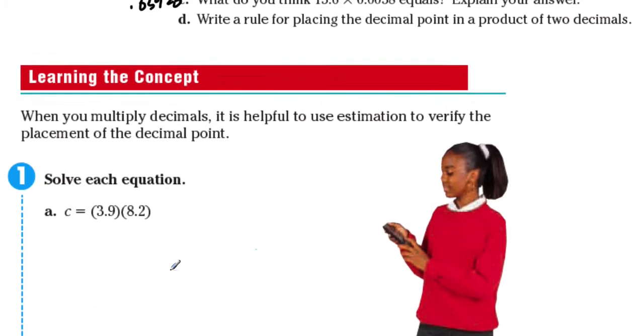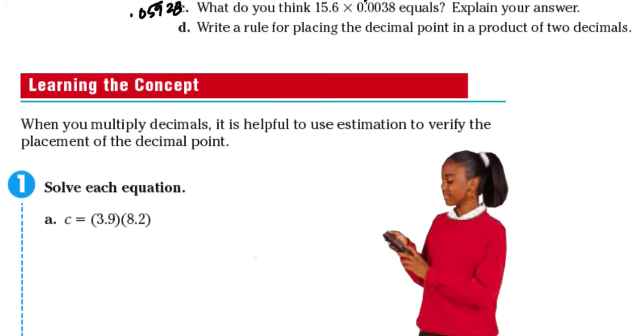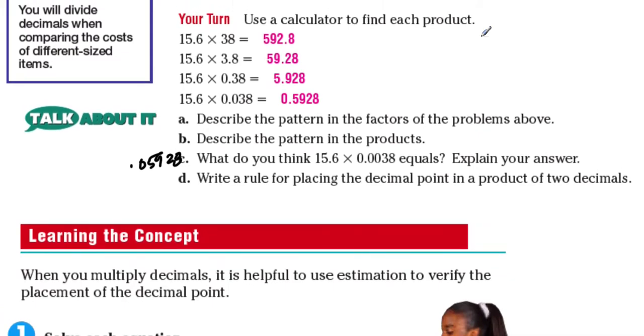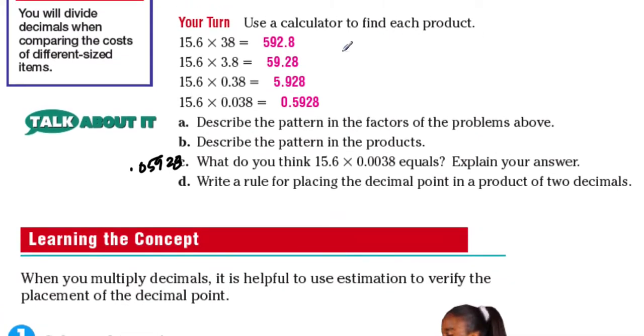When you're writing a rule for placing the decimal point in the product of two decimals, you're basically saying that you count the number of decimal places in each of these problems.